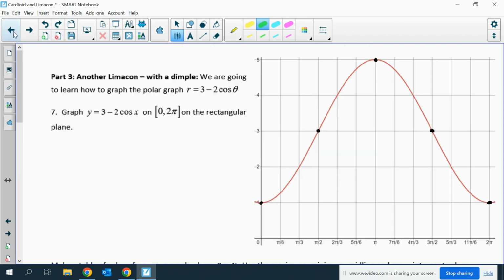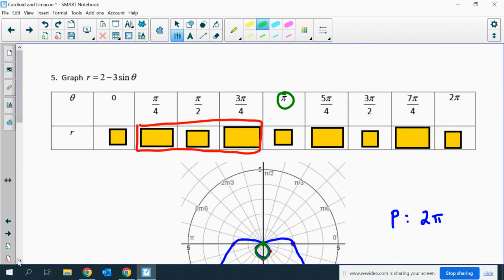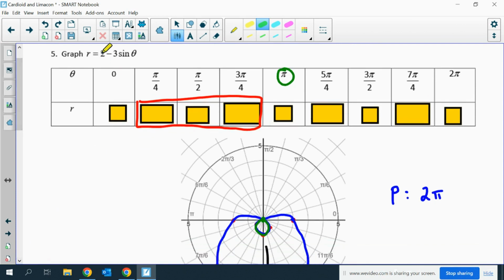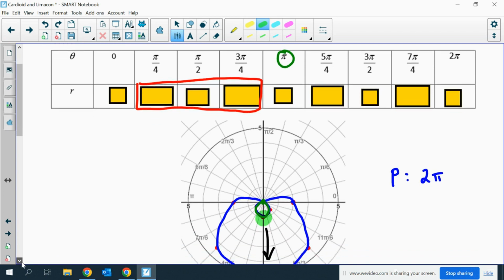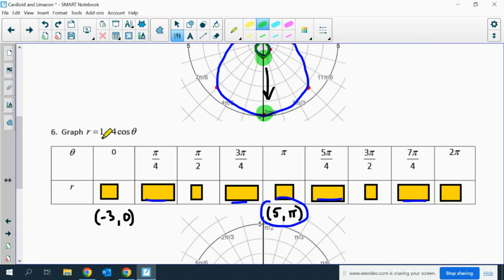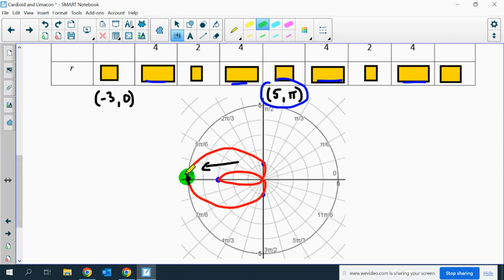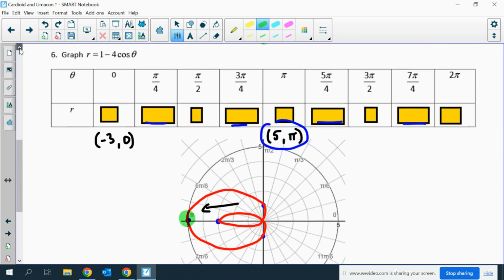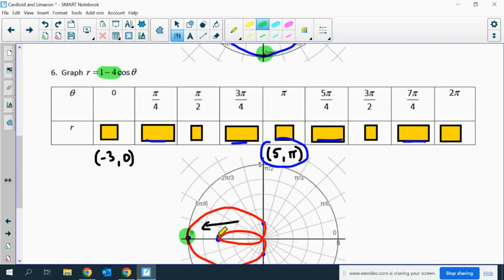Notice those things show up. Then in these problems, 3 minus 2 is 1, and 3 plus 2 is 5. 4 plus 1 is 5, and 4 minus 1 is 3. So notice these things are showing up in all of these places.